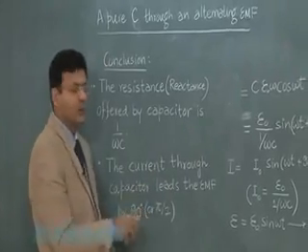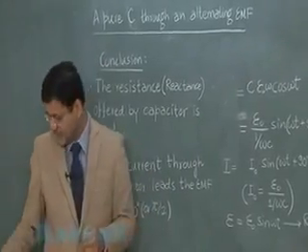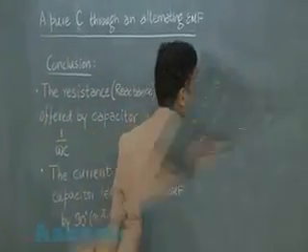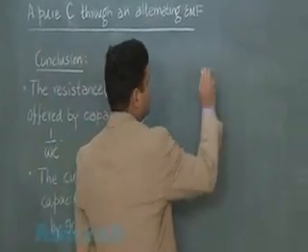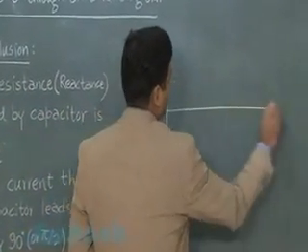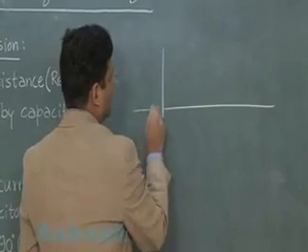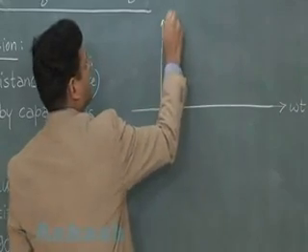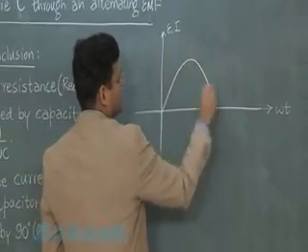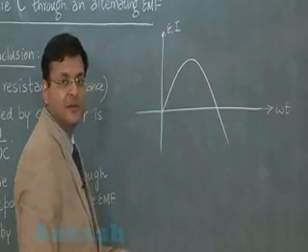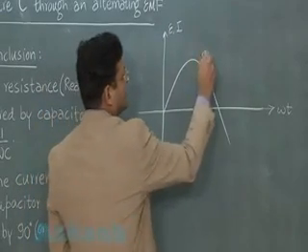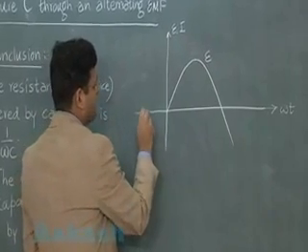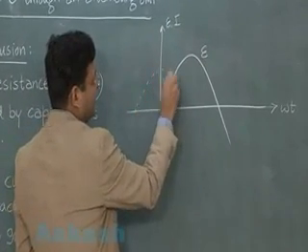So if you try to plot these two conclusions graphically, then the graph will come out like this. The graphical representation of the entire situation here will be as follows. As you do with EMF being shown as reference, this is EMF being shown as reference, and current through the capacitor is leading by 90 degree.